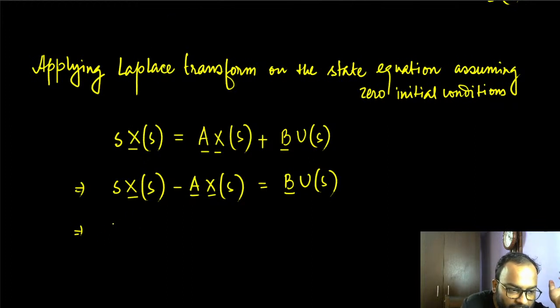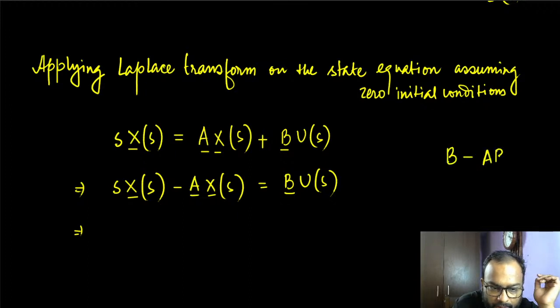Now, what if I want to factor out X? Before I ask you this, let me ask you a very simple question. Let me say I have B minus AB. All these are matrices. Okay, these are all square matrices.